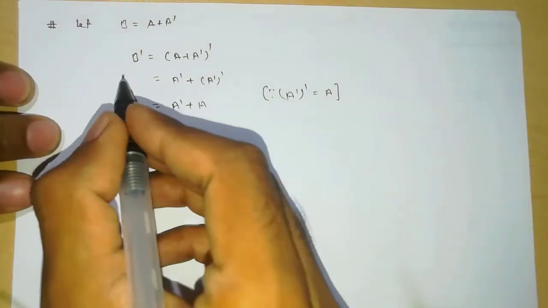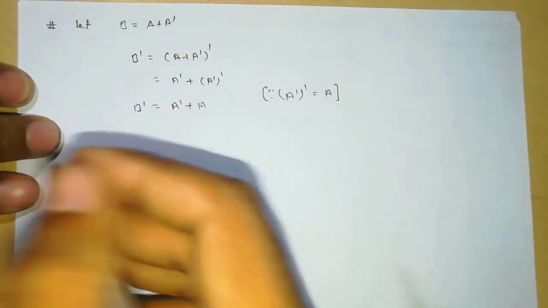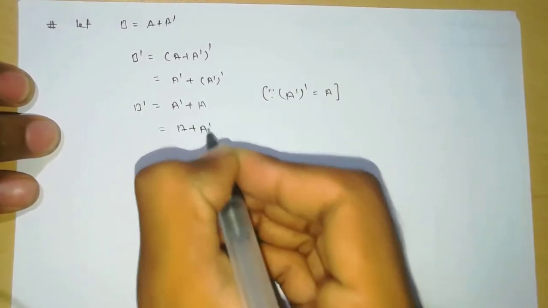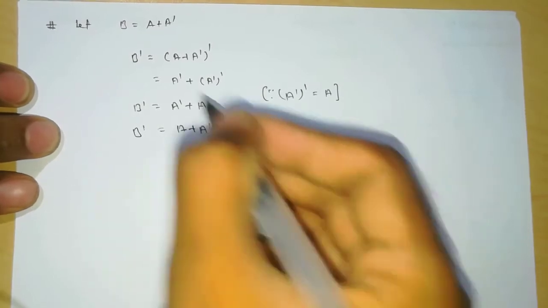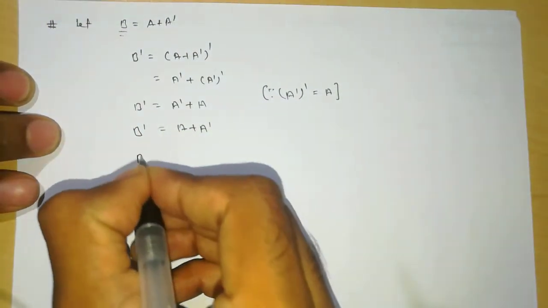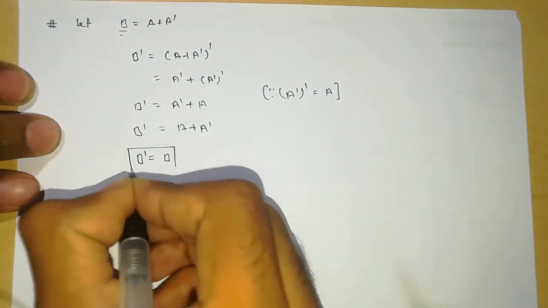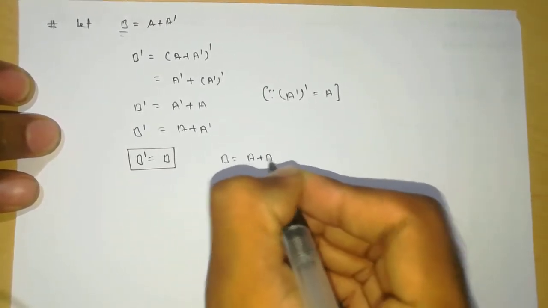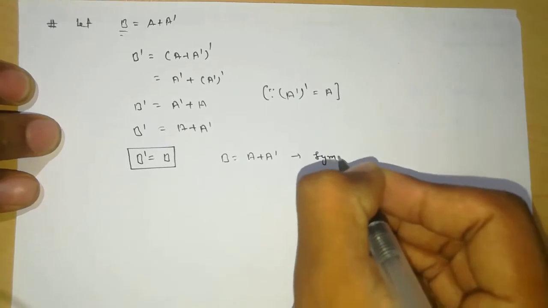This is A plus A dash, which is B, so B dash is equal to B. So B equals A plus A dash is a symmetric matrix.